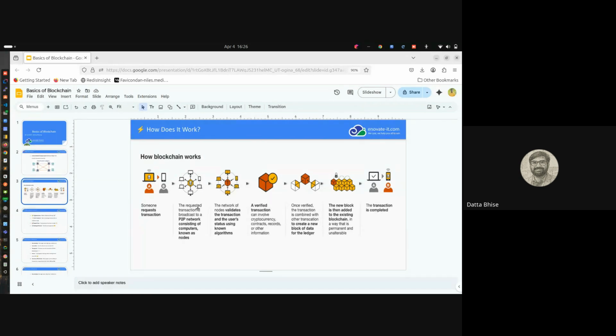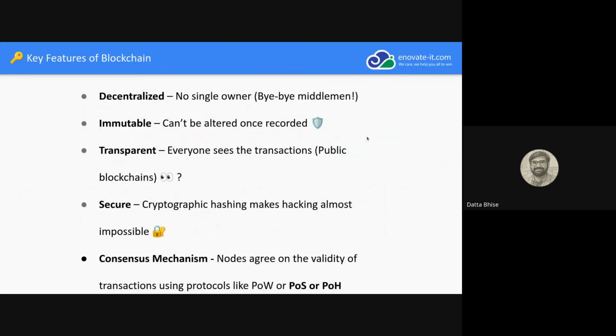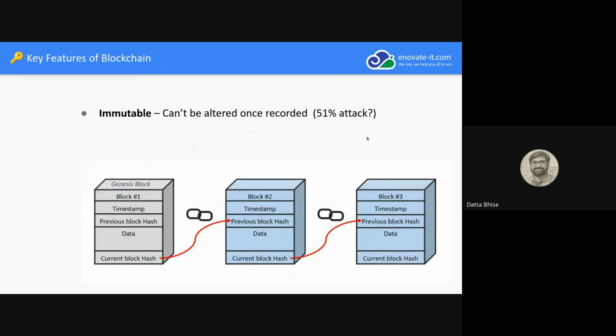Next question: these blocks are called a ledger, so is one block one whole ledger, or is this combination of blocks one ledger? No, one block is a combination of transactions. I will show you. A block is a bundle of transactions. You can see this block: block number, timestamp, the previous block hash, and data.